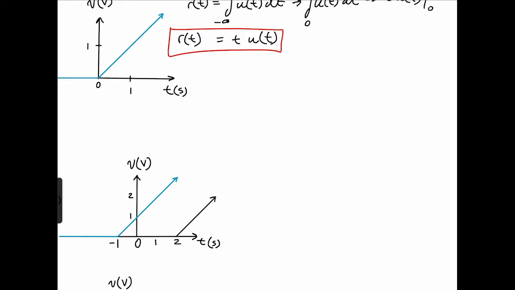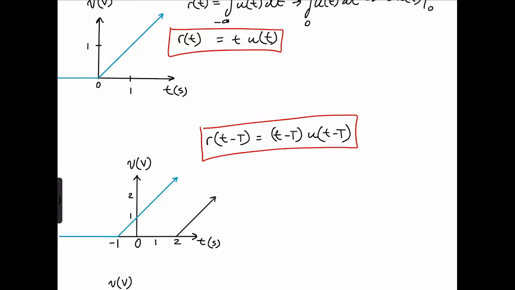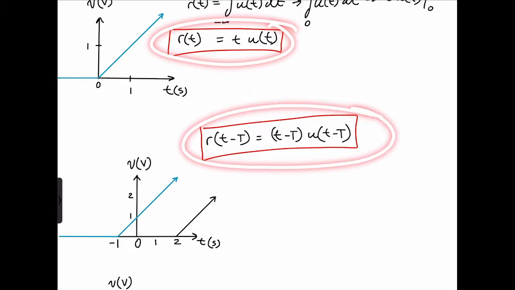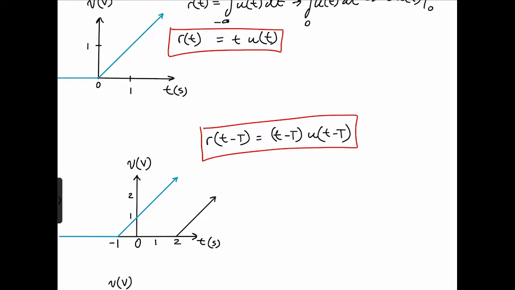Well, if that's the case, we can go ahead and use this expression and say that our ramp function, and we can call some time instance other than t, capital T, is equal to, using the same expression that we derived, t minus T times u of t minus T. So this is for our time-shifted ramp function, if we should use the correct description.